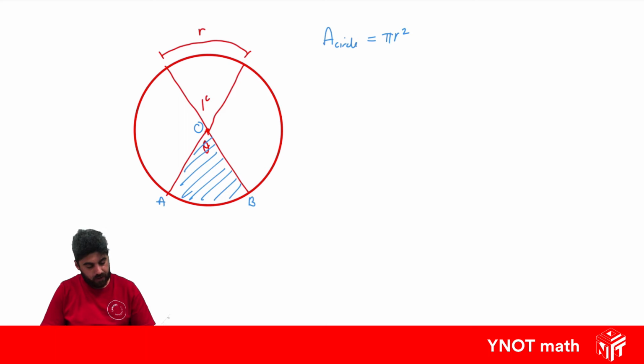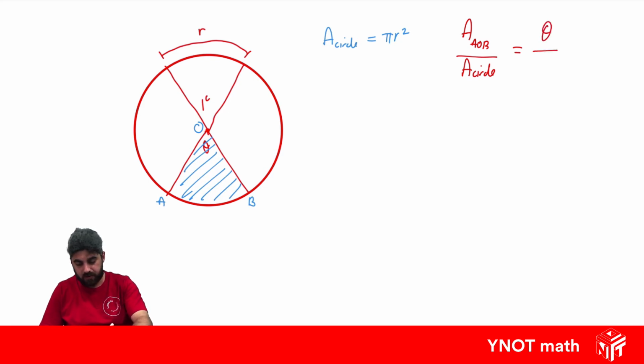So how are we going to write that? So the area of the sector OAB divided by the area of the circle is actually going to be the same as the ratio of the angle of the sector divided by the total angles in the circle, but the angle in radians.